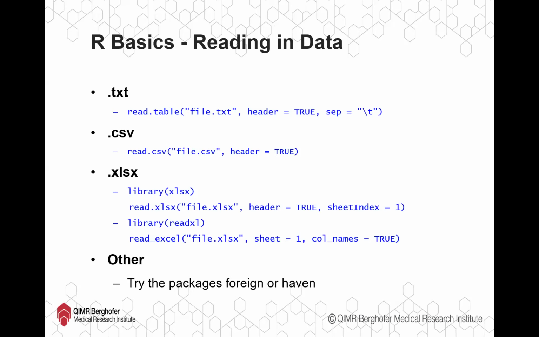There are other packages that can deal with that. So if you want to look into that, there are the packages foreign and the package haven. Both of those have functions within them that can deal with those statistical software data sets. And then you can always just check the internet as well. There's lots of different ways to call in data.